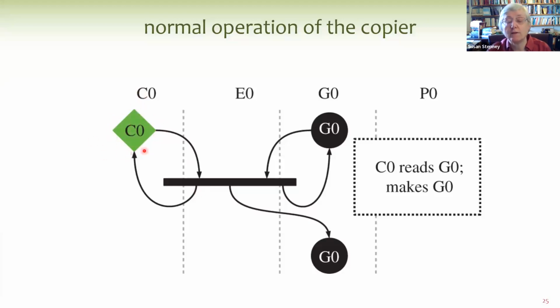This is the protein floating around in the system, and the initial genome floating around in the system. So the copier binds to the genome, and what it makes is another copy of the whole genome, and then the binding stops, and so the original genome and the original copier are restored as well. So you start off with a C and a G, and you end up with the C, the G, and a copy of the G. So that's what it's designed to do.